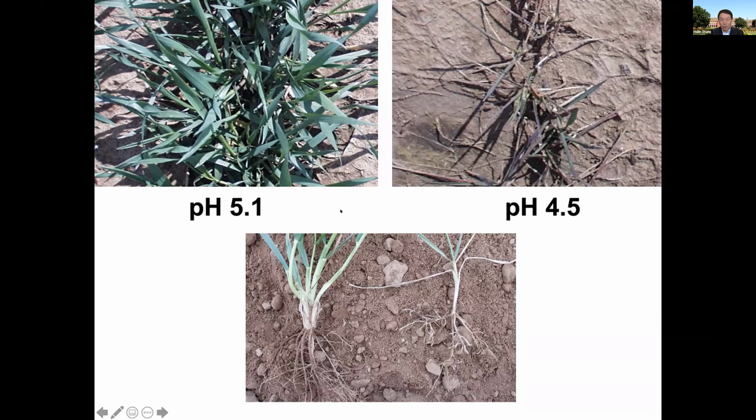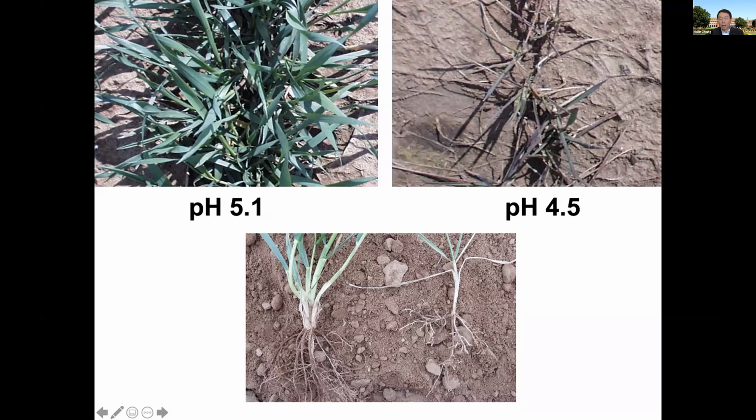So here you have 5, 6 times as much acidity as in this one. Even at 5, you see a decent growth, but by dropping another half unit, you see the typical aluminum toxicity symptom. It's very similar to phosphorus deficiency symptom.